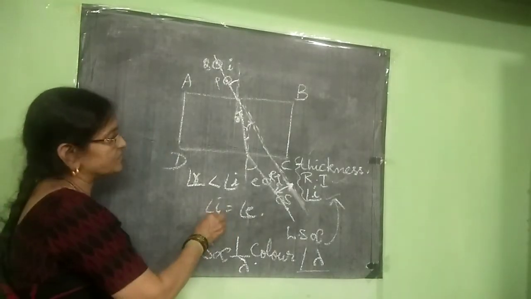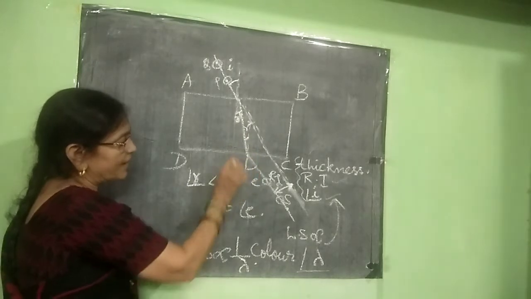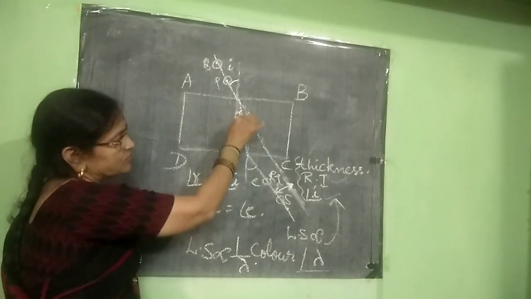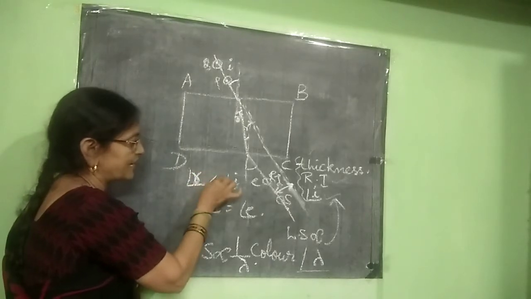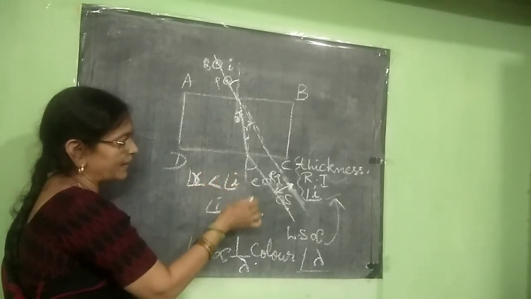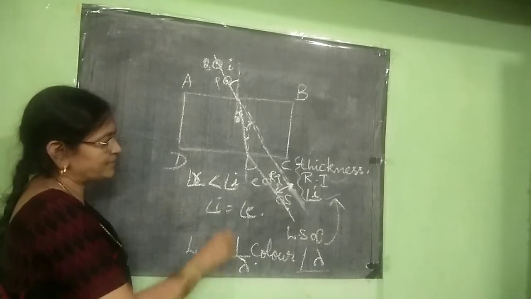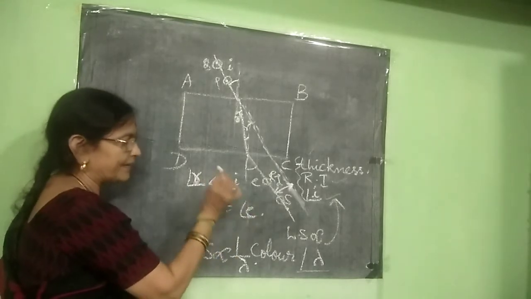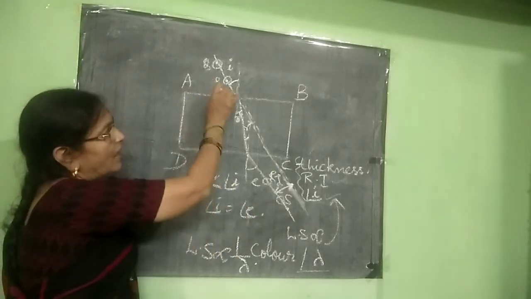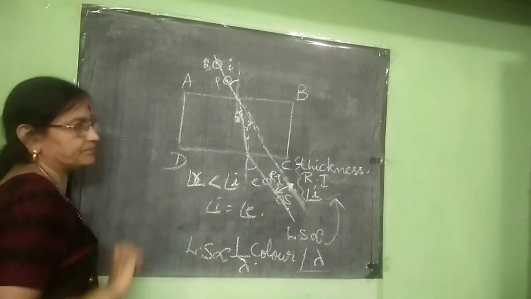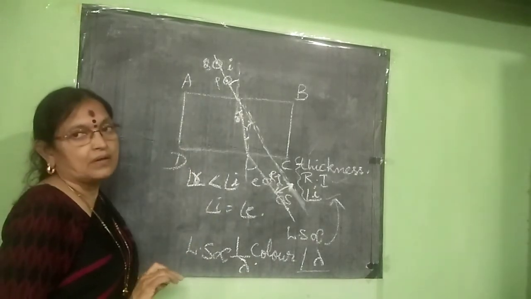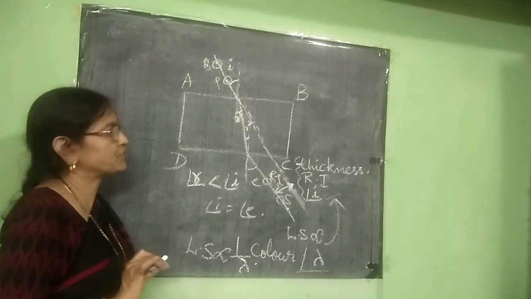And angle I is equal to angle E, and angle R1 is equal to R2. Always the angle of refraction is less than angle I or angle E, and always angle I and angle E are greater than angle R. This is about refraction.